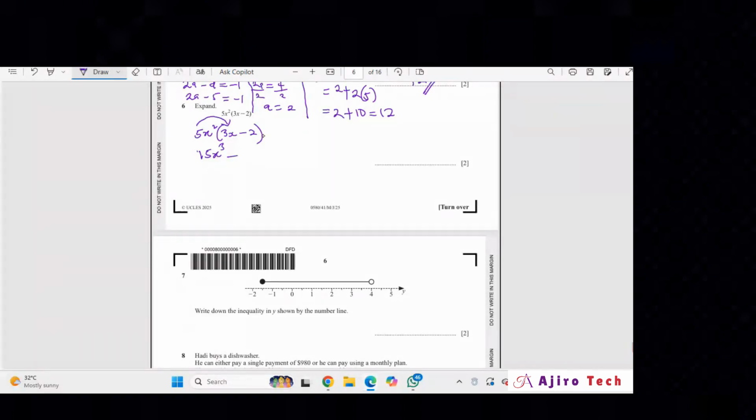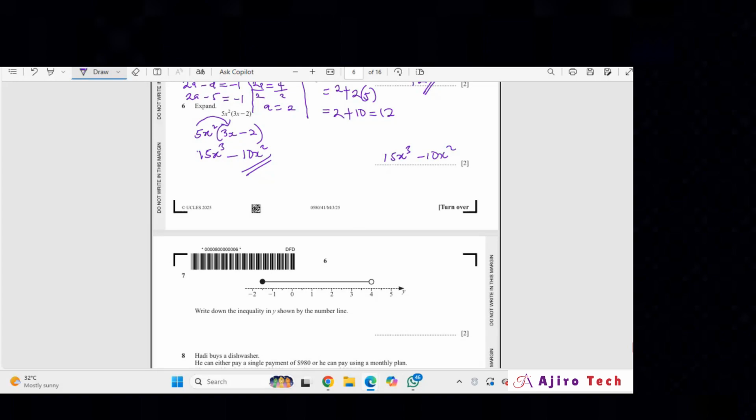Minus 15s squared times this will give us 10s squared. So this is as simple as ABCD. You don't need to do much work here at all. What we have here is 15s cubed minus 10s squared as our answer.